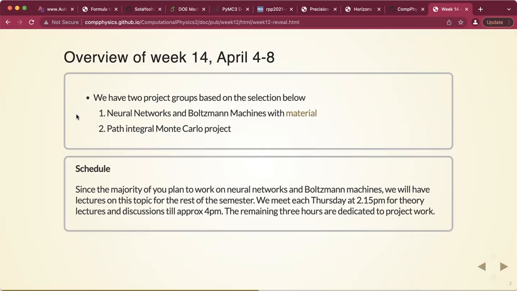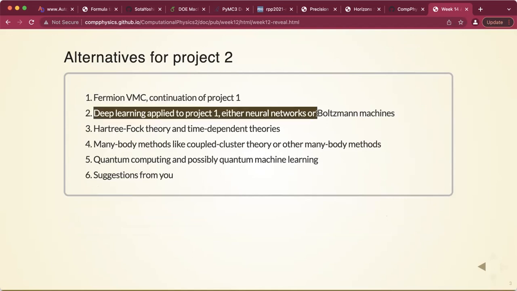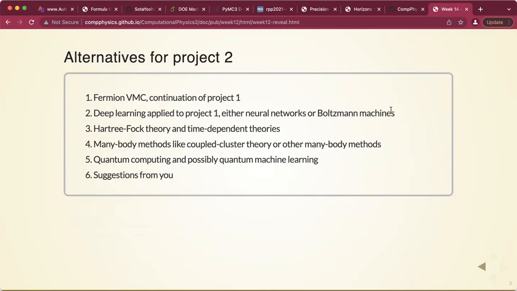So the basic idea now, from now until the end of the semester, which is May 12th, is to discuss the implementation of Boltzmann machines and neural networks. So if you now, just to quickly remind you of the alternatives, so basically what is the main alternative which people have opted for is a continuation of Project 1, where we discuss Boltzmann machines.